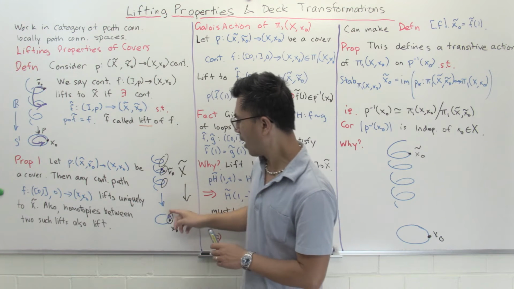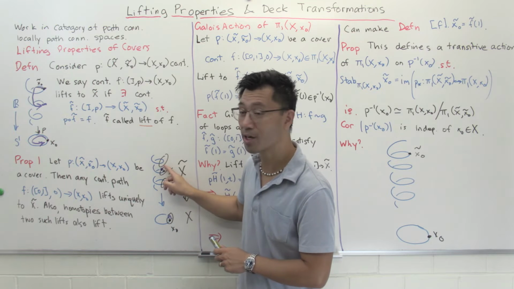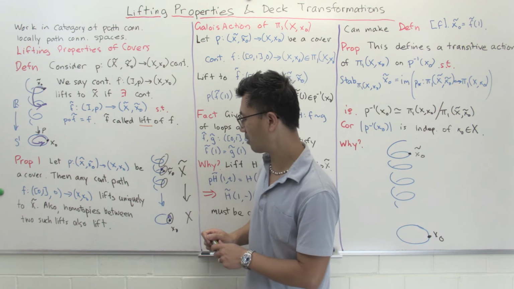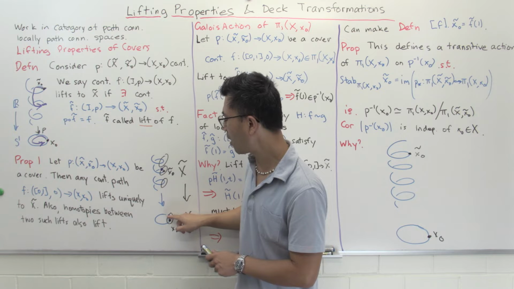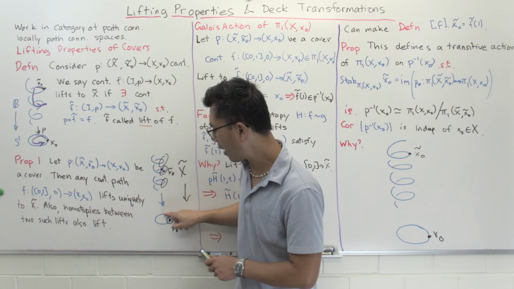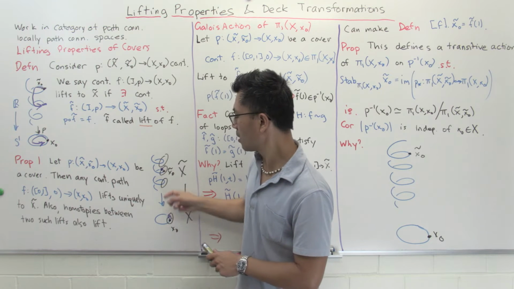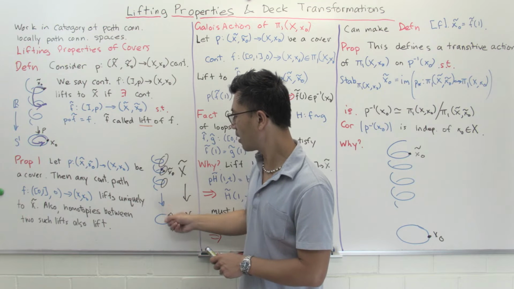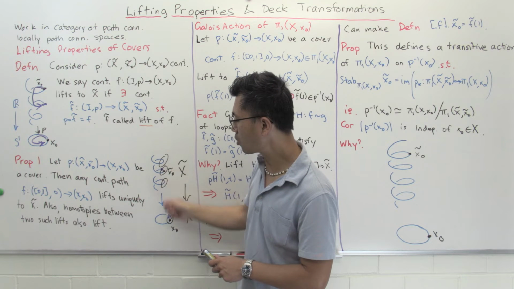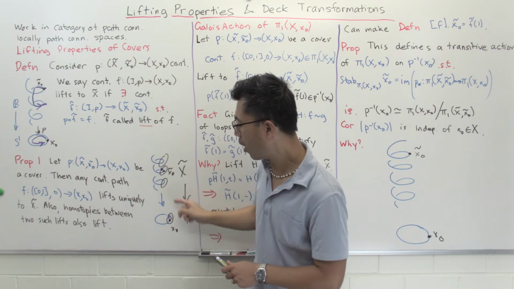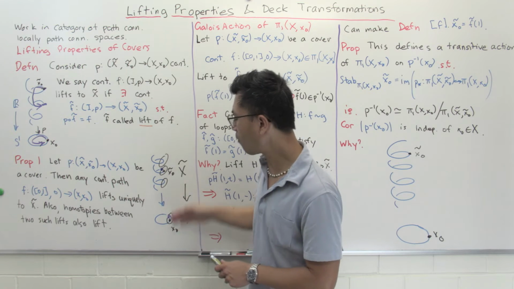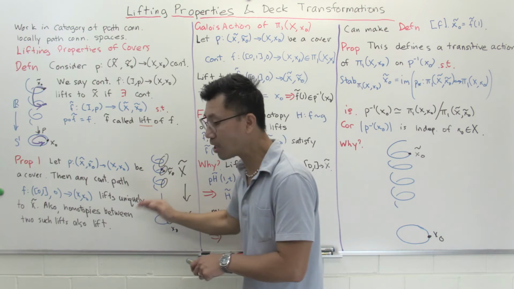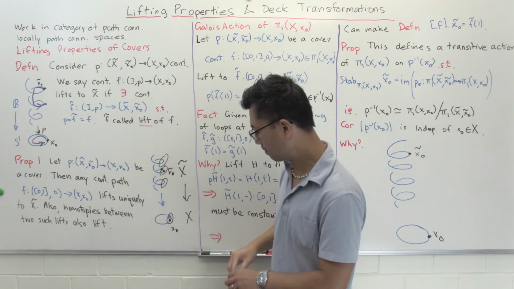And now you can look at this point and try to extend further by the same technique. You say, this is a cover, so there exists an open neighborhood of this point whose inverse image is the disjoint union of homeomorphic open sets, homeomorphic via this projection. And then you keep extending out and out and out.